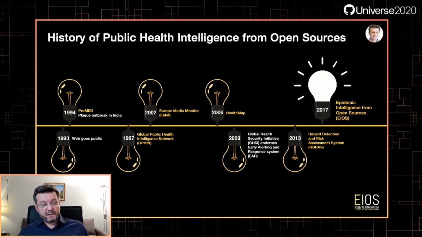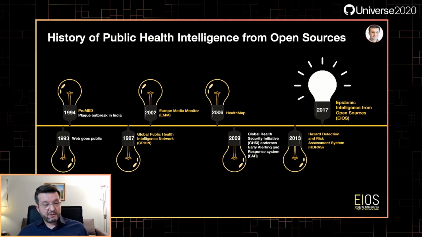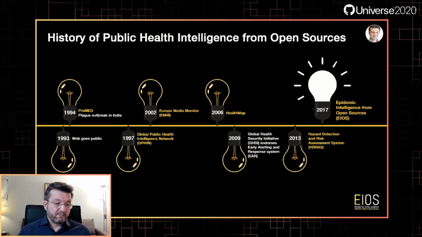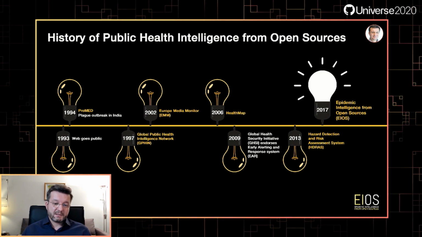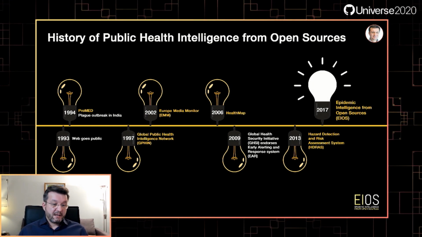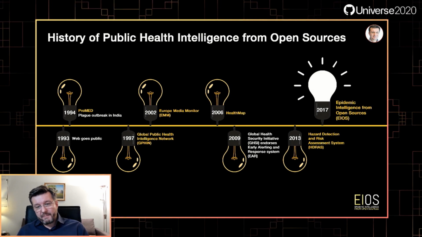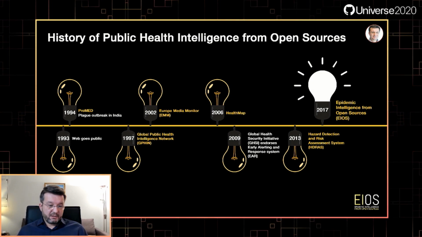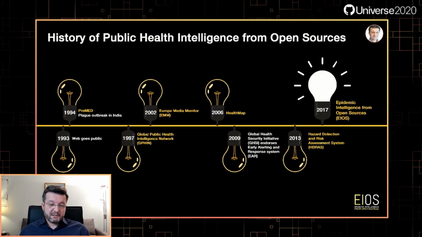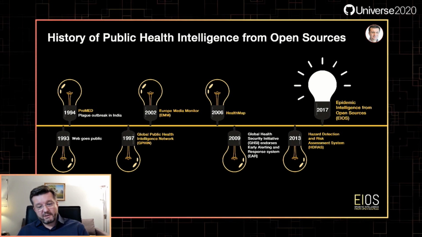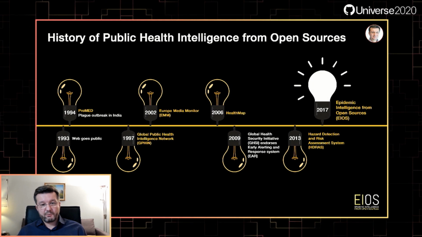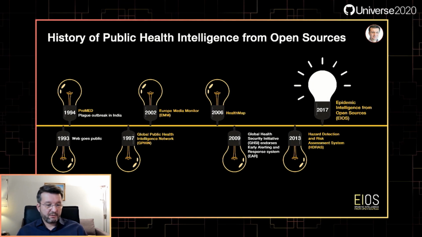Everything started when the web went public. Soon after, in 1994, ProMED started providing emails to their subscribers with the latest news related to public health. Going forward to 2009, the Global Health Security Initiative was a major milestone towards connecting content of these different public health intelligence systems that were developed prior to that.